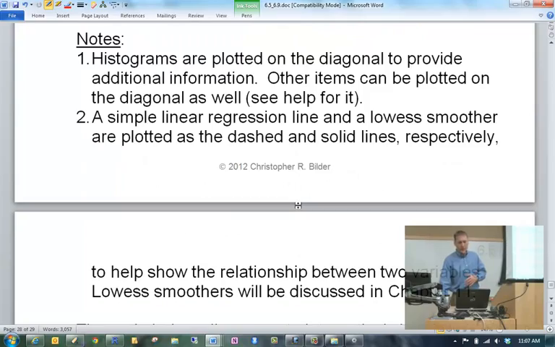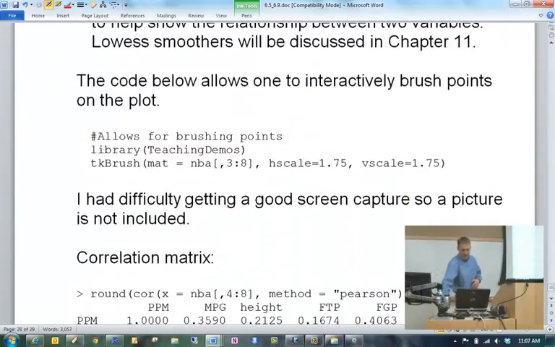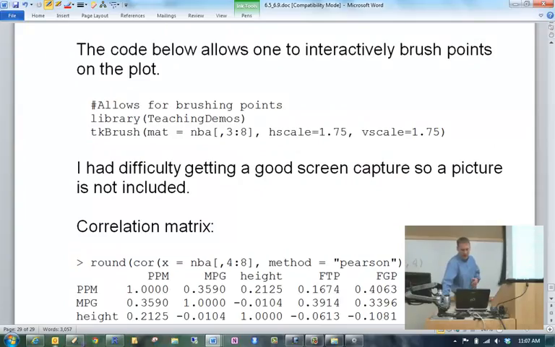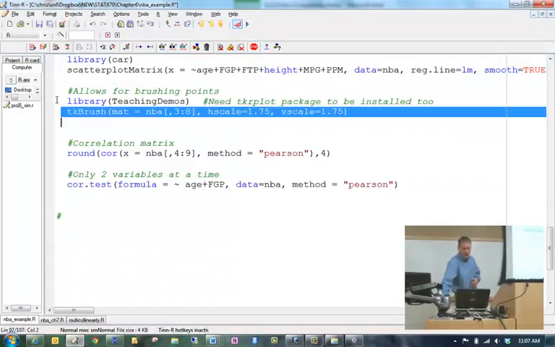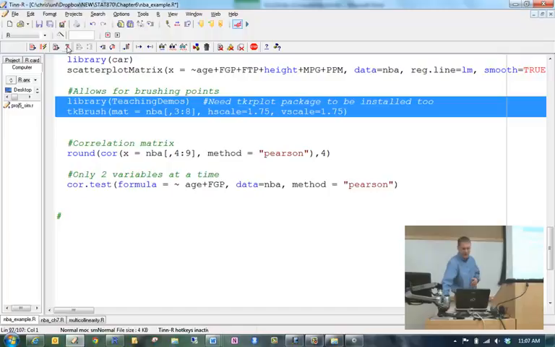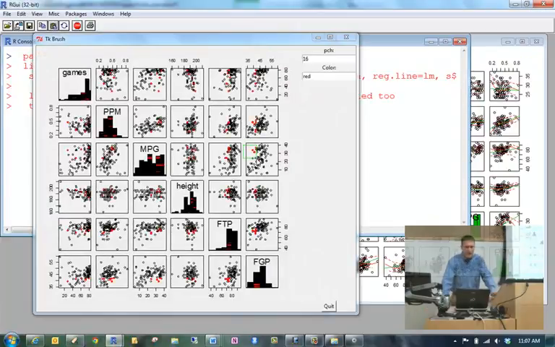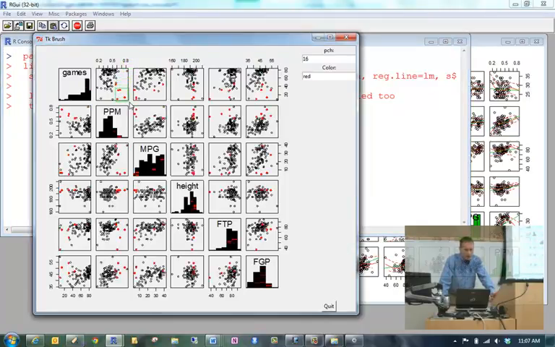What can happen when you do have high correlation? Let's see now. There's also an interesting function called TK brush in the teaching demos package. You get the scatter plot and a new window pops up. If you notice where my mouse is, I have this little green square. It allows me to highlight certain points on my plot and see them through all the different scatter plots in that scatter plot matrix.